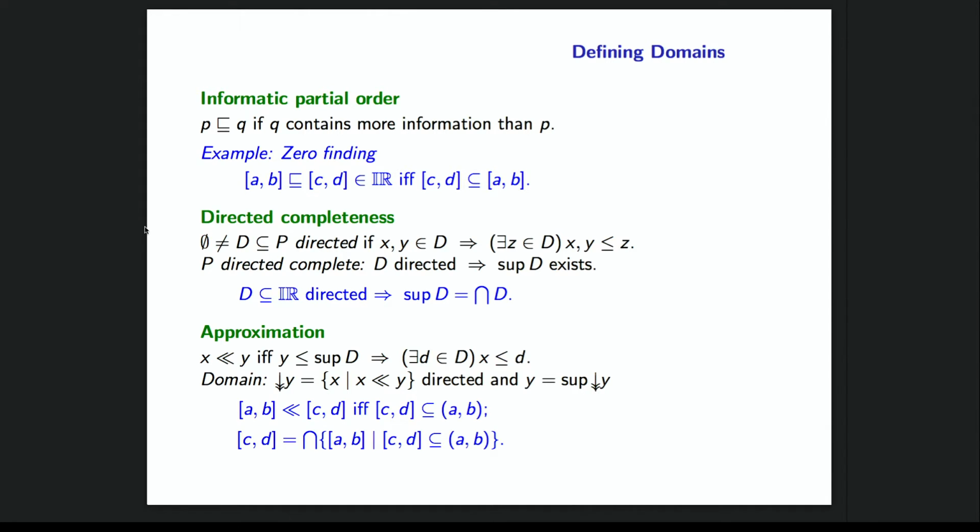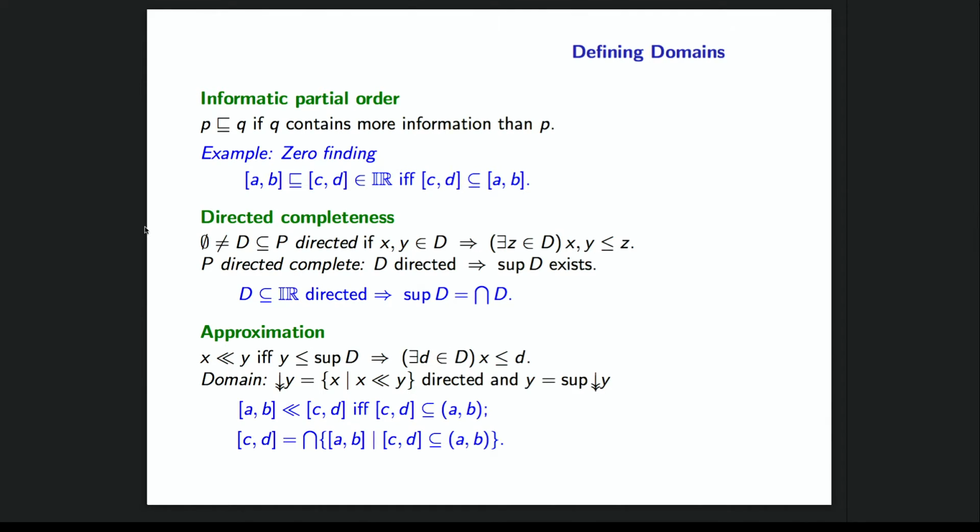People use that, but what we haven't talked about is any kind of computability. We haven't really said what it means to be computable, or something that you have to know in some finite time. And that's what the role of approximation is. So we use this double less than. You could read that as x approximates y.